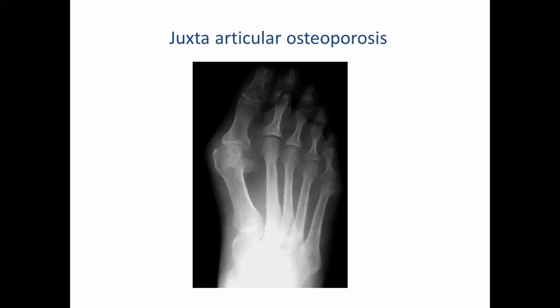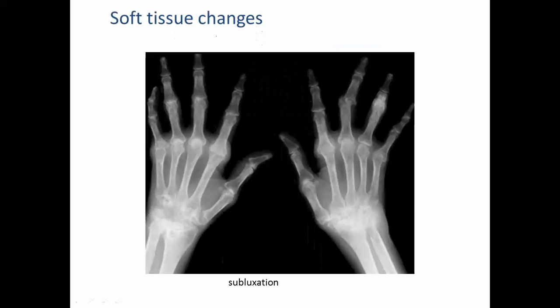In rheumatoid, you can get the juxta-articular osteoporosis, compared to the bone density of the shafts of the long bones, and here are some erosions. Although the foot is late to be affected, hands are more affected early, but you can see the juxta-articular osteoporosis.